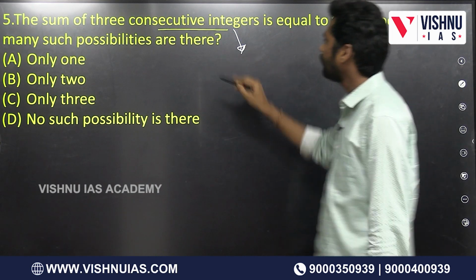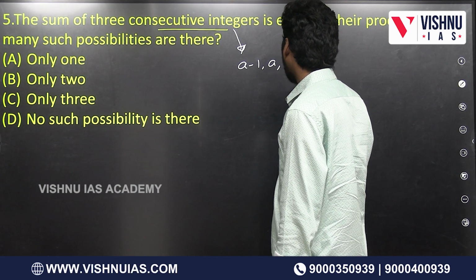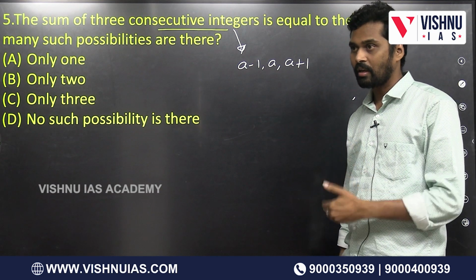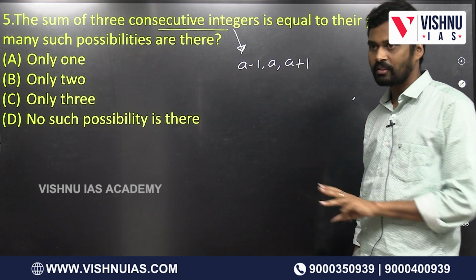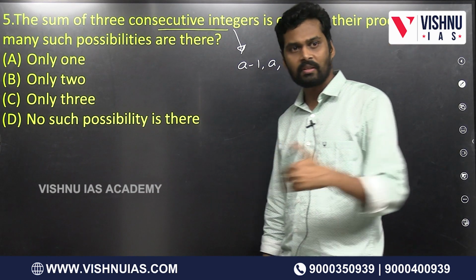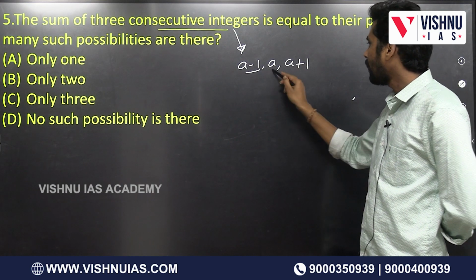So here three consecutive numbers are a minus 1, a, a plus 1. Consecutive numbers means 1, 2, 3, 4, 5, 6, a sequence, three back to back numbers.